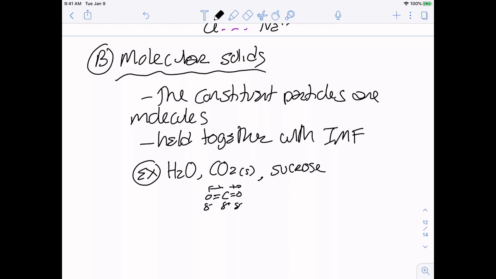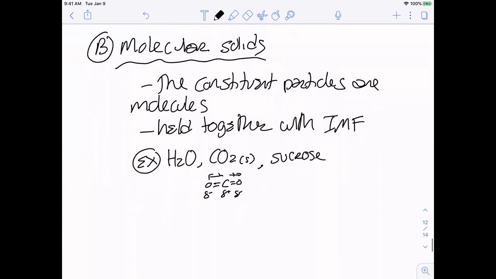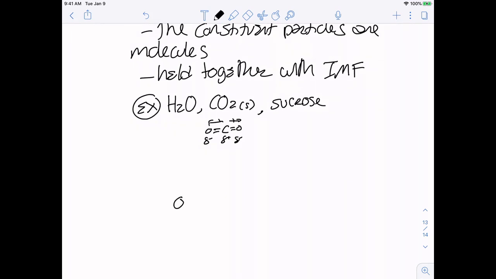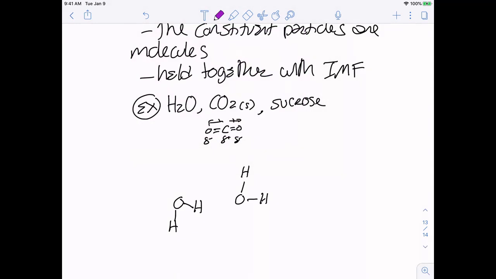I'm going to use water. I just want to compare and contrast to our ionic solid. So when I draw water, what I'm doing is I'm drawing my covalent molecule. So that bond between oxygen and hydrogen is a covalent bond. And then I would draw my neighboring molecule. And then when I draw my connections between them, right, when I draw that dotted line, that's my intermolecular force.